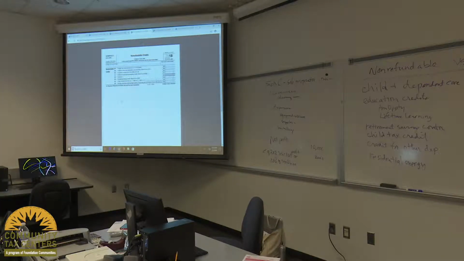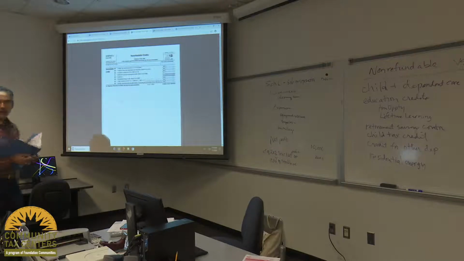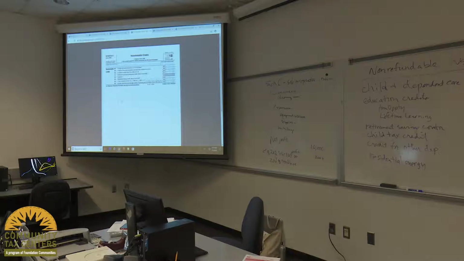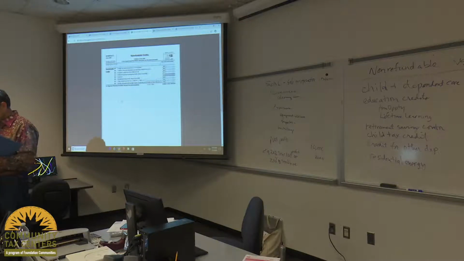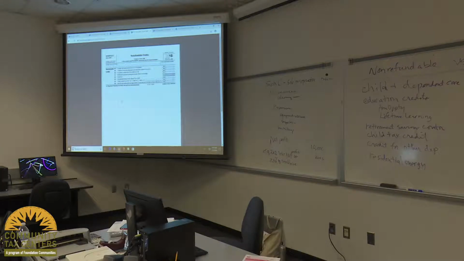So, we typically see this for children under the age of 13. That's where we really see most of this, because we've got single moms, particularly single moms that are working, right? And they incur the expense of child care. But check it out, because the qualified work-related expenses are specific. It says qualified work-related expenses must be paid for the care of the qualifying person, to allow the taxpayer and spouse, if married, to work or look for work.